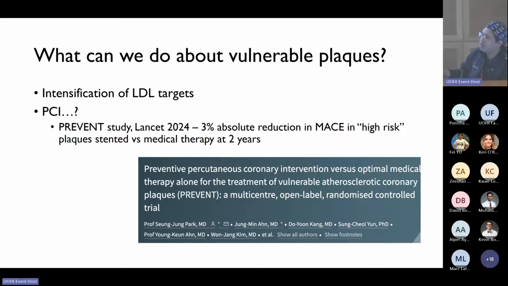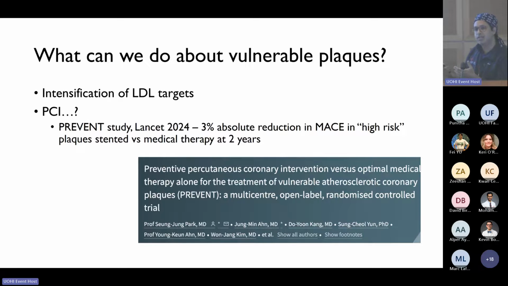This is the first and only study that shows that PCI of plaques with a vulnerable phenotype, identified with intravascular imaging, improves outcomes. But the reduction is just a 3% absolute risk reduction at 2 years. And if you look at the patients who are just treated with statins and aspirin, the event rate is tiny. So 3% absolute reduction, yes, fine, it's reasonable, and it was significant, but you had to put in something like 84 stents to prevent one episode of stable angina.